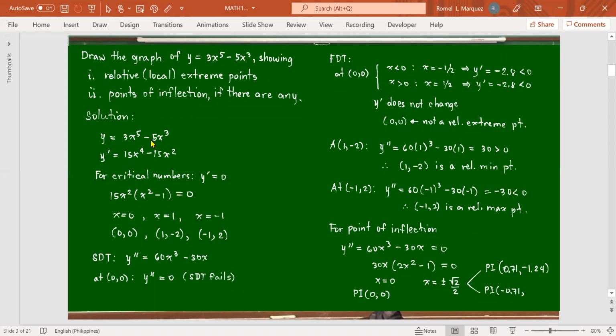Symmetric sa origin, no? This type of function. So it is positive 1.24 here. So we'll just interchange the position, no, ng sign. Okay? We are now ready to plot the points and then draw the graph.